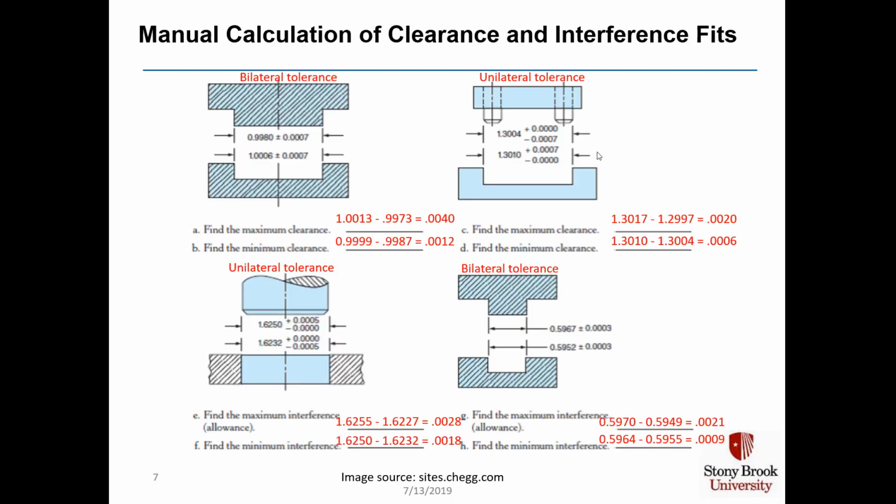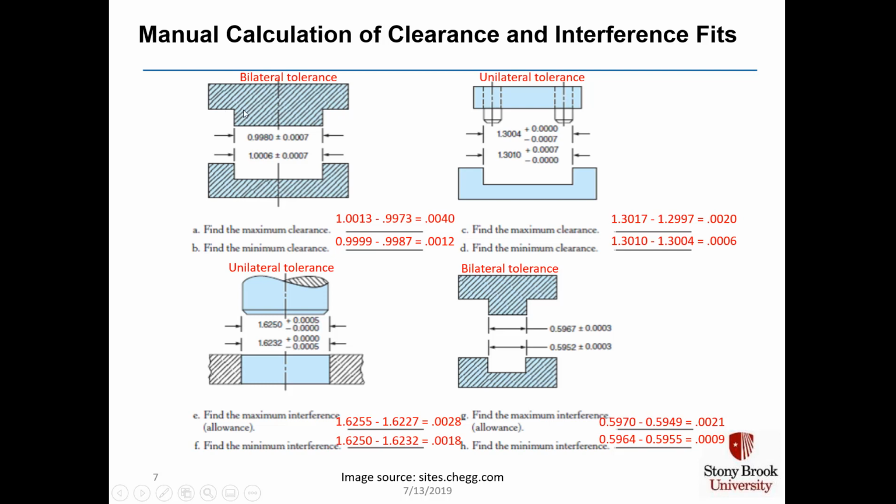Let's do a few manual calculations of clearance and interference fits. This problem comes to you from chegg.com, which is a popular website for engineering problems and solutions. Here we have a bilateral tolerance where we have to find the maximum and minimum clearances.